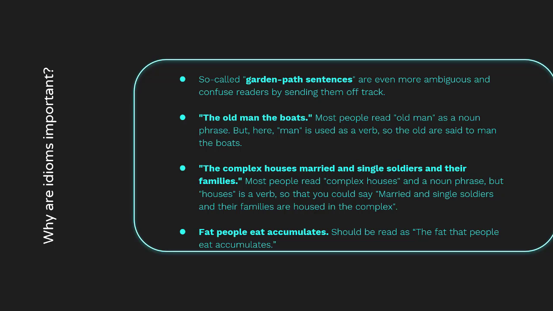In fact, there's a whole group of people who've gone about their lives looking at so-called garden path sentences. And these are sentences that are super ambiguous and are notorious for confusing readers by sending them off track. So I've taken a couple of classic examples here of what are called garden path sentences.